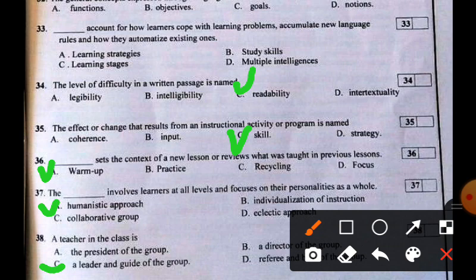He should be just a guide that gives information and the task and activity to students and leads them to work. He just guides them and corrects their mistakes. So leader and guide of the group is the role of the teacher in the class. Let's move to the next one.